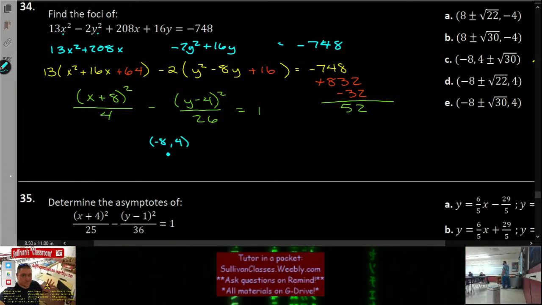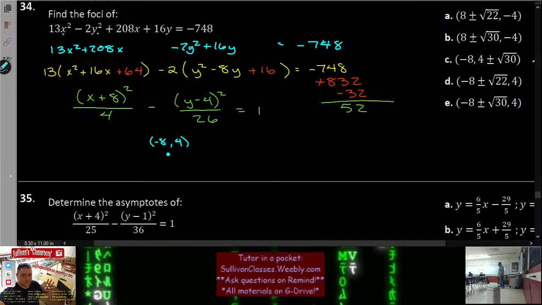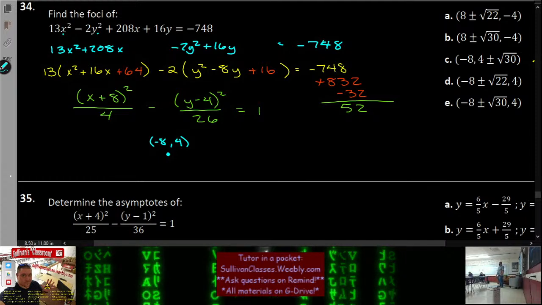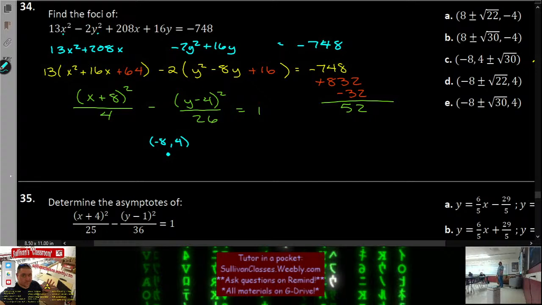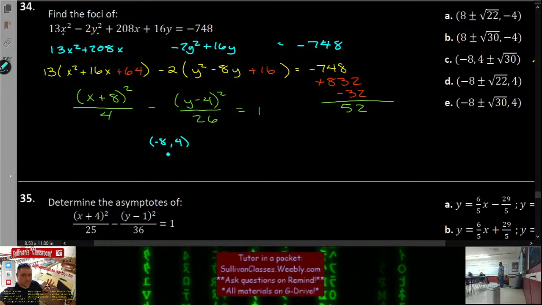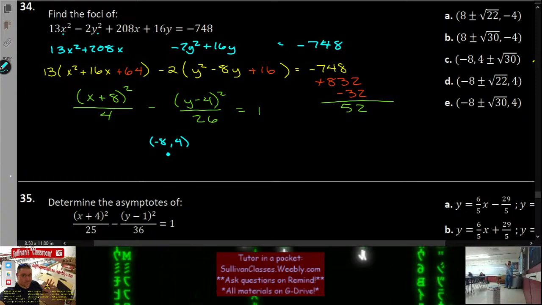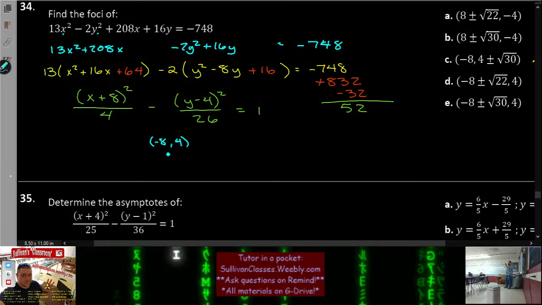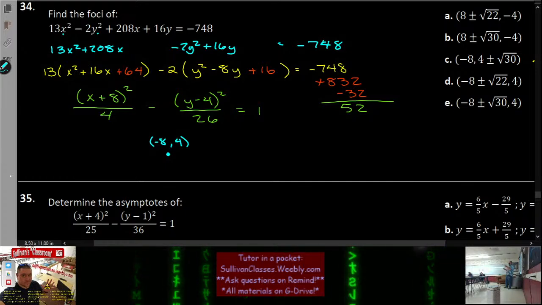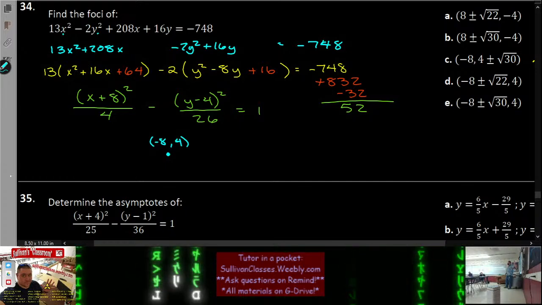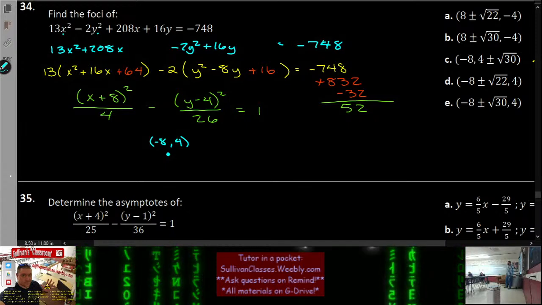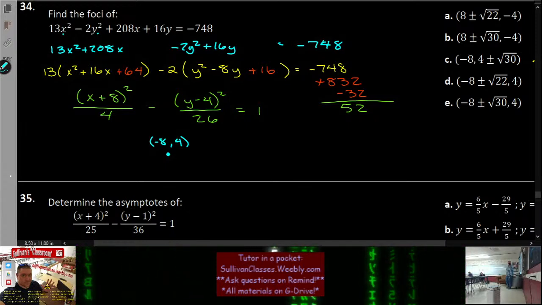Does this thing open vertically or horizontally? How do I know? The A and B value determines stretch on an ellipse. Positive or negative determines it on a hyperbola.